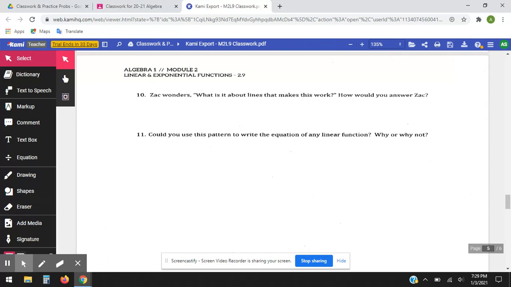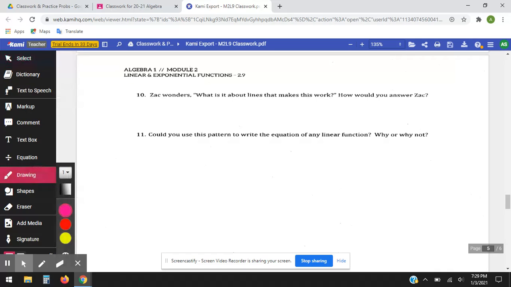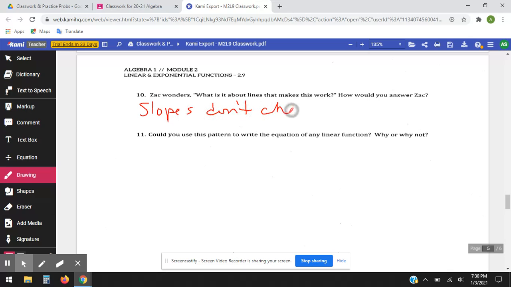Zach wonders, what is it about this lines that makes this work? How would you answer this? Oh, what do you think? What is important about a line? Well, slopes don't change. And it doesn't matter what point you start with.